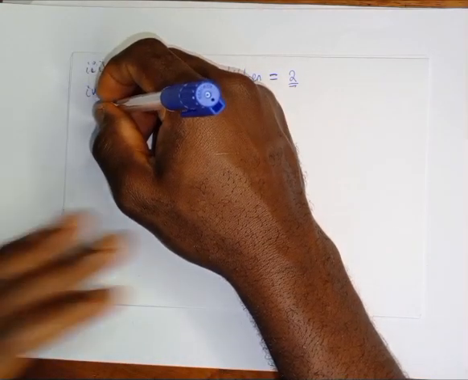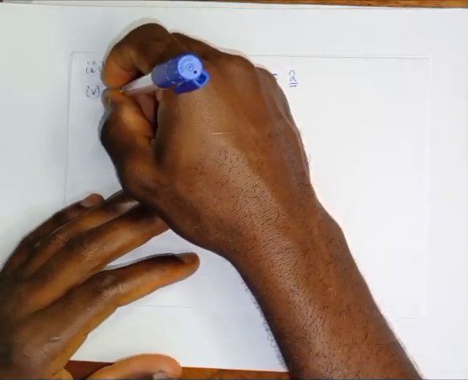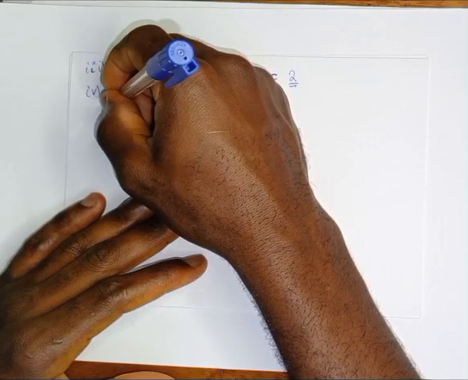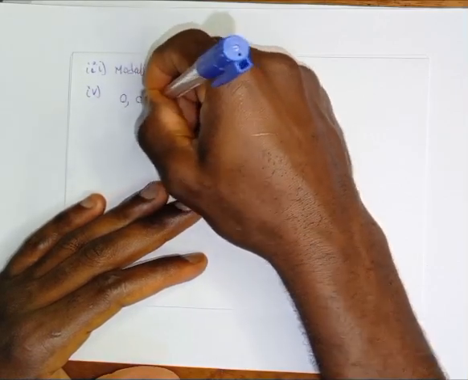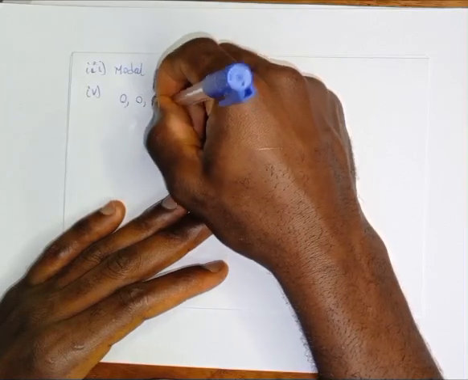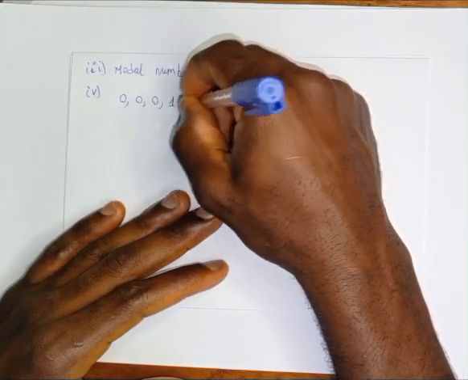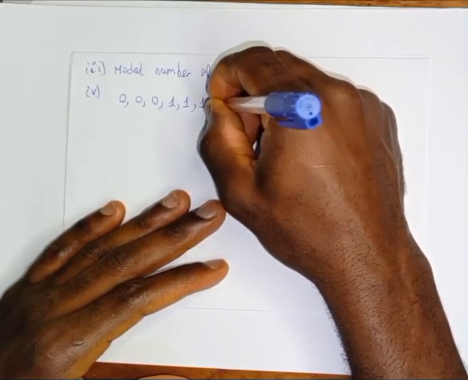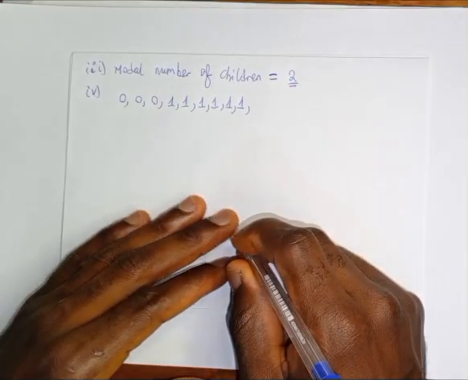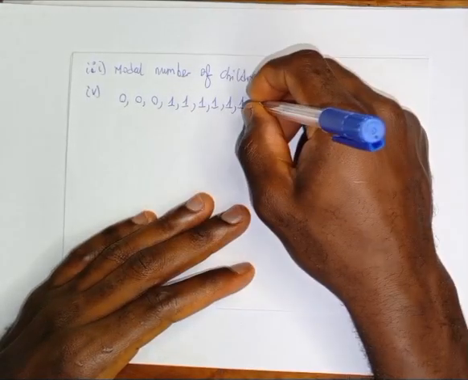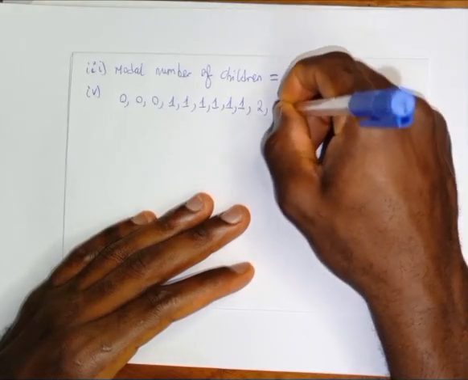The number 0 occurs 3 times. We are going to write down 0 3 times. 0, 0, 0. The number 1 occurs 6 times. 1, 1, 1. Next we go to 2. 2 occurs 7 times.